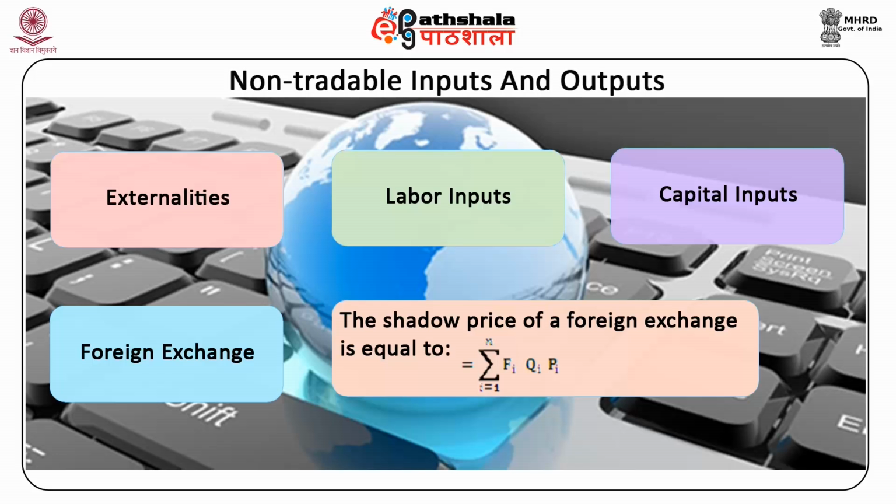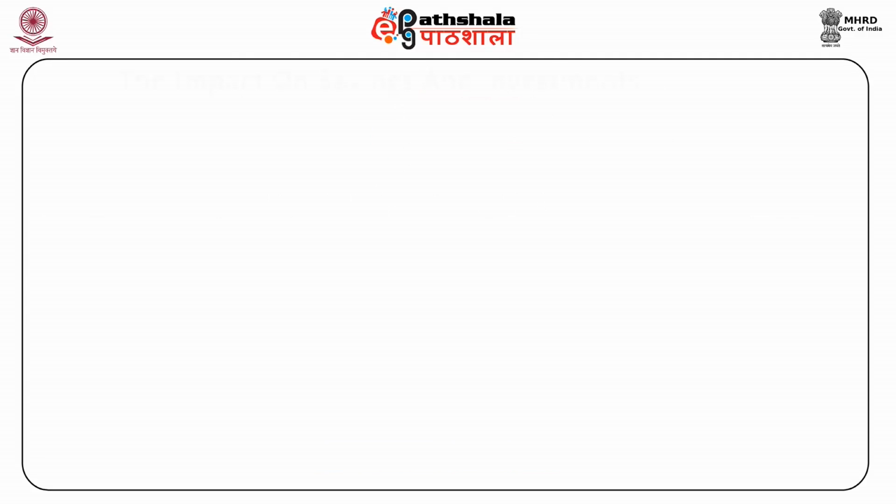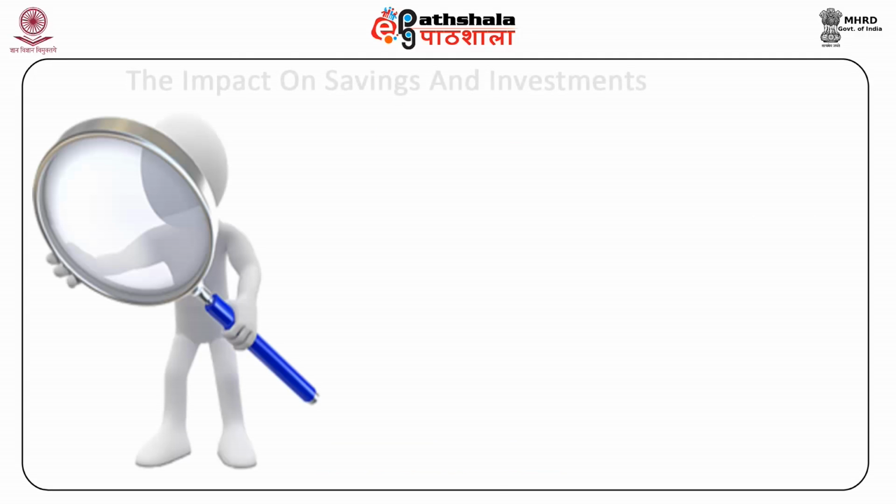The best known approach to determine the cost of producing foreign exchange is the domestic resource cost method proposed by Michael Bruno. Next, we will discuss the impact on savings and investments.